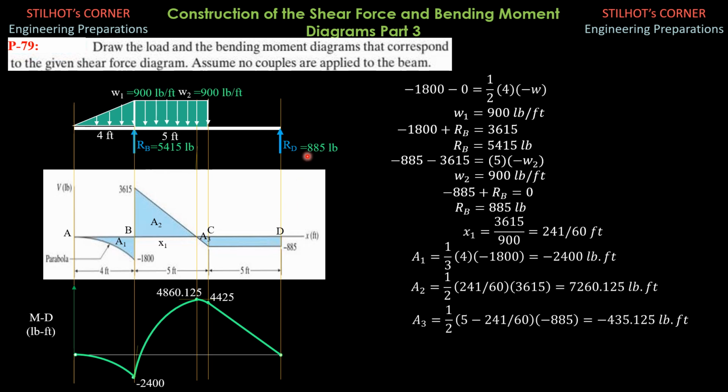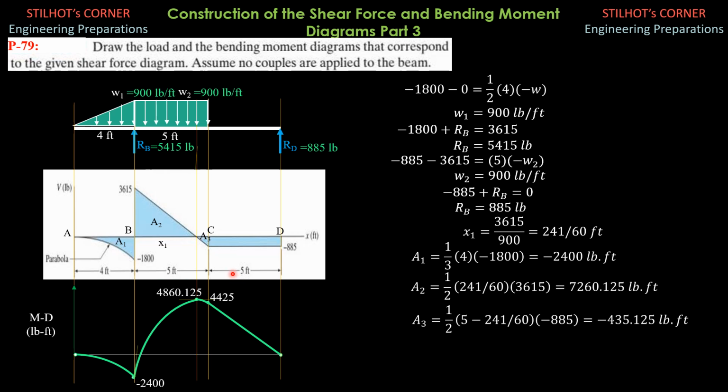Therefore RD is 885. Another way is 0 minus negative 885, so positive 885. So there is another upward force of 885. That's the explanation for the construction of the load diagram. So this is now the complete load diagram with the reactions and the loadings.